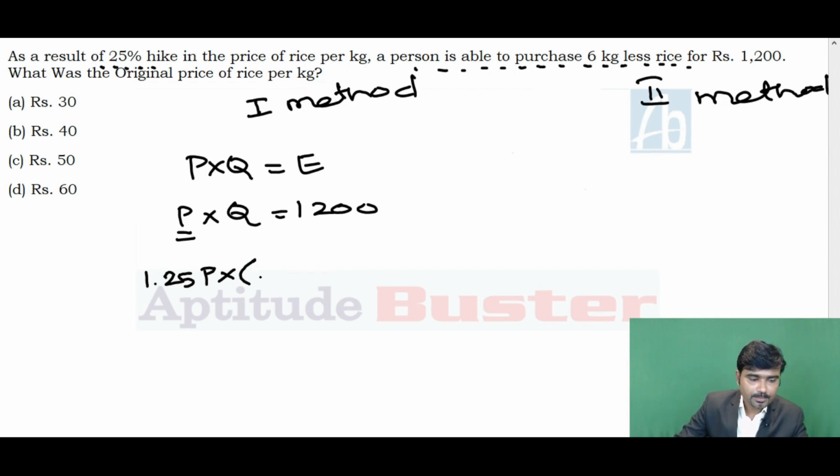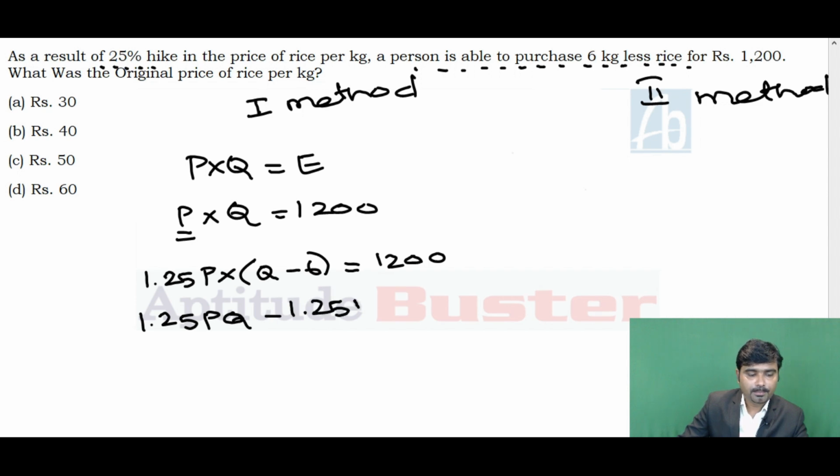That means now the quantity minus 6 is equal to 1200. Have you understood? Multiply this: 1.25 PQ minus 1.25 P into 6 is equal to 1200.